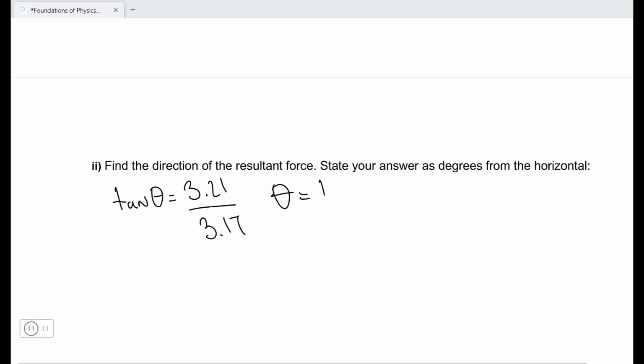Theta is equal to tan to the power of minus 1 of 3.21 over 3.17. Let's put that into a calculator, and that's about 45 degrees.